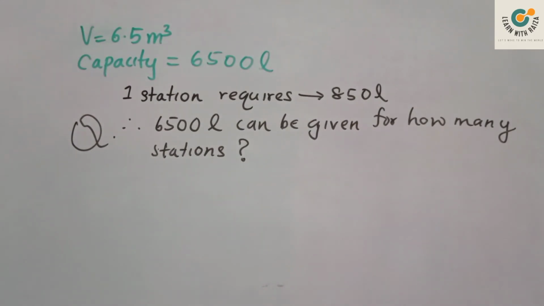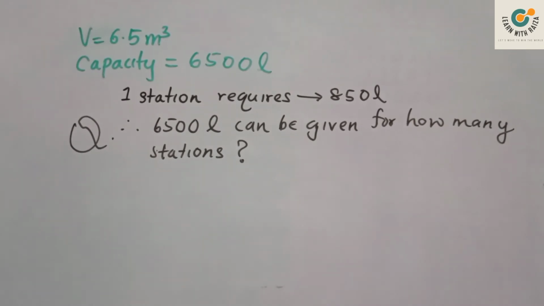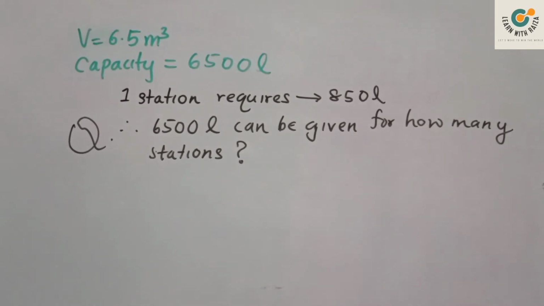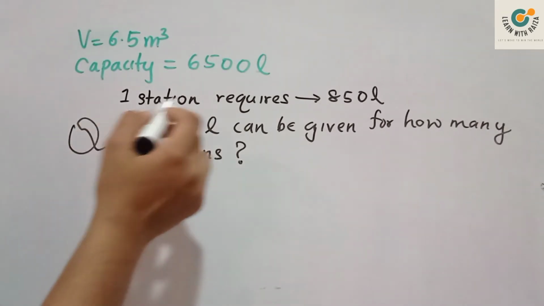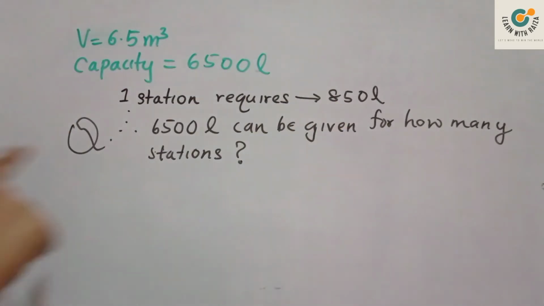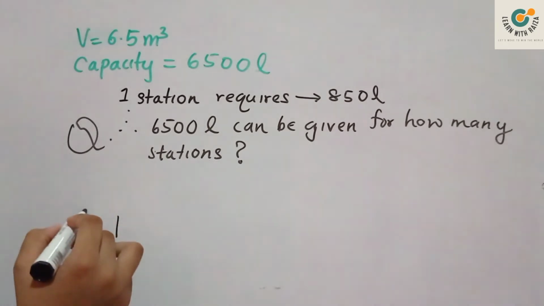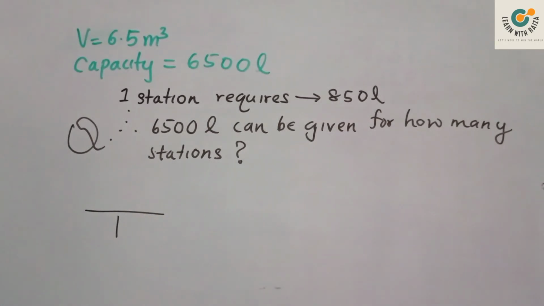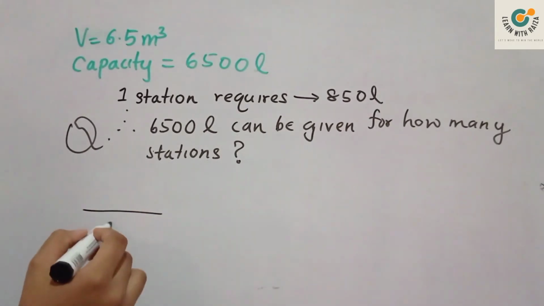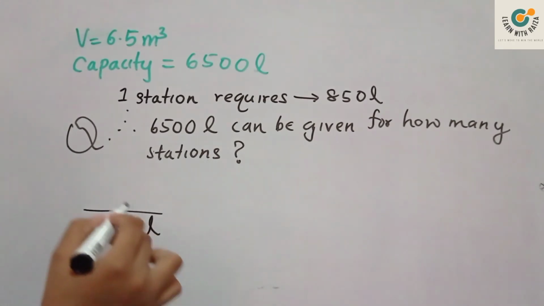The question is, will this 6500 liters be sufficient for 8 stations? If one station requires 850 liters, 6500 is for how many? So this is a division. One station requires 850.